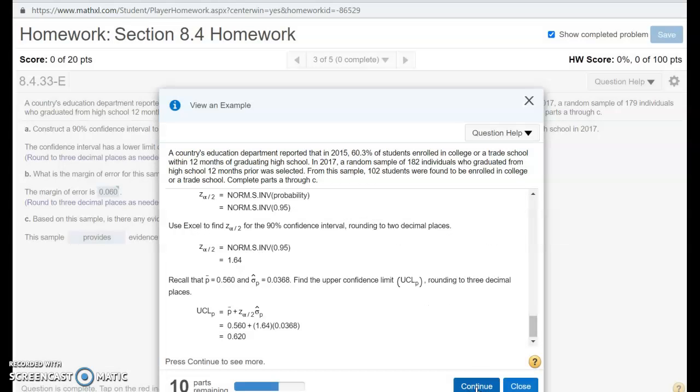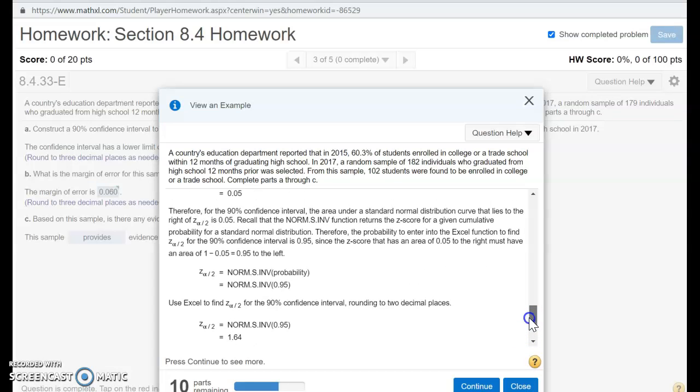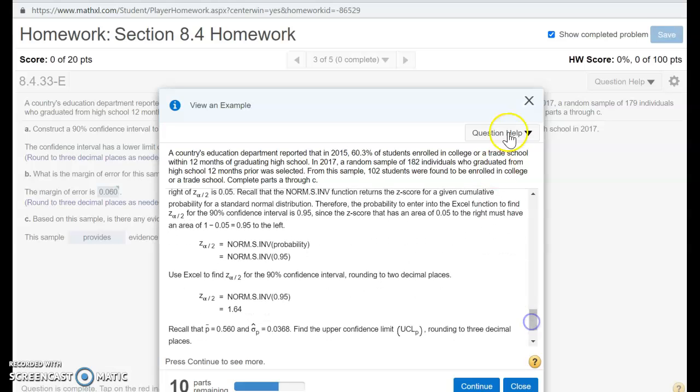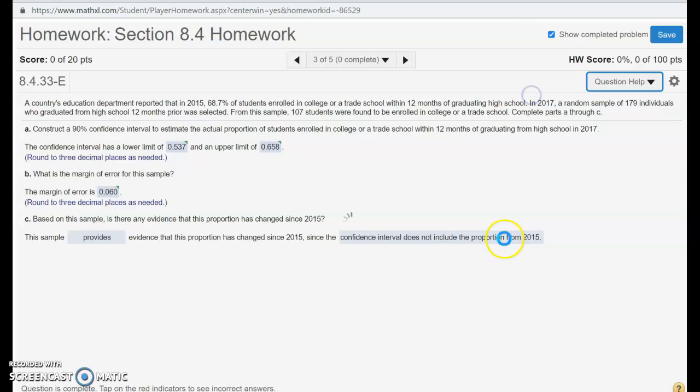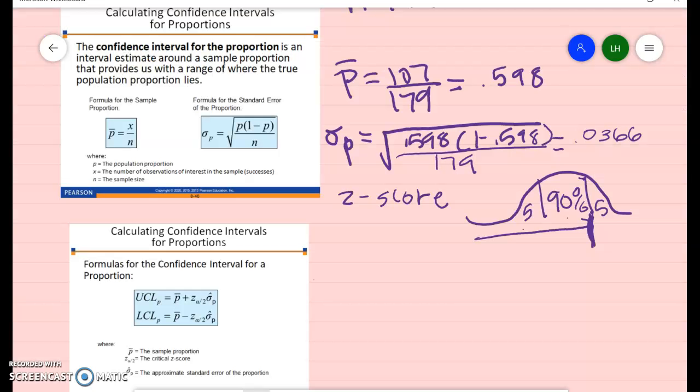So yeah, it looks like they put 1.64. So we will do 1.64. We'll round to 2 decimal places, so your z value is 1.64.